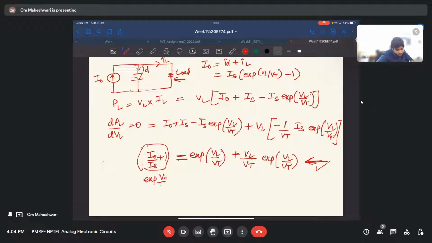exp(V0/VT) = exp(VL/VT) + (VL/VT) exp(VL/VT).